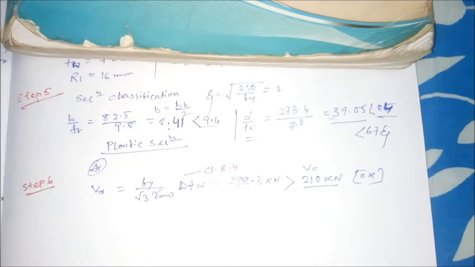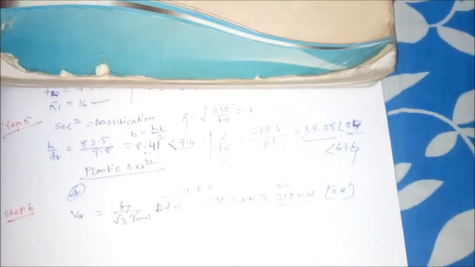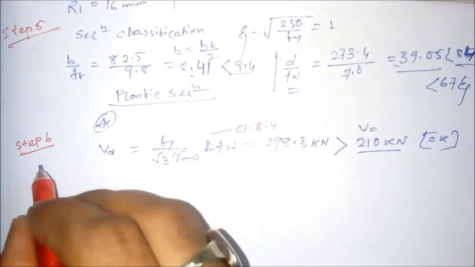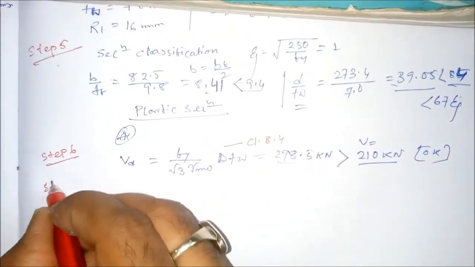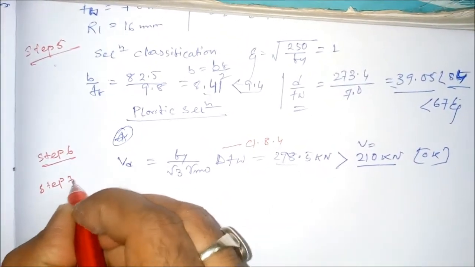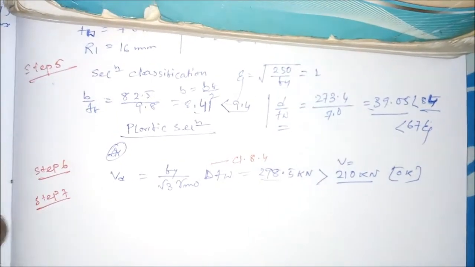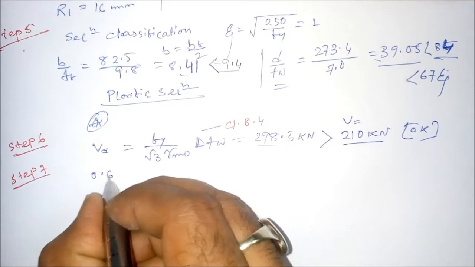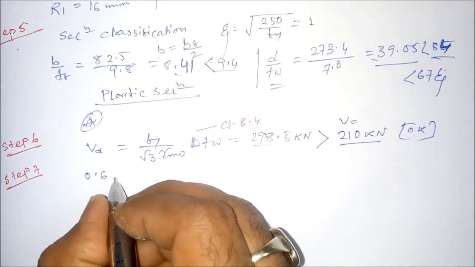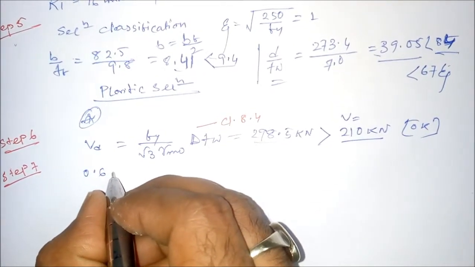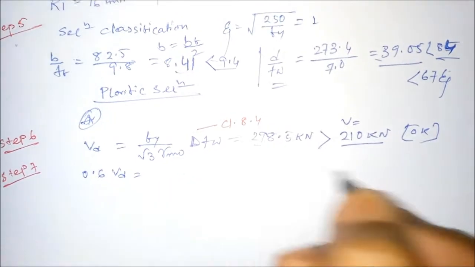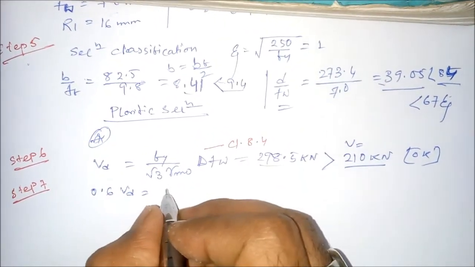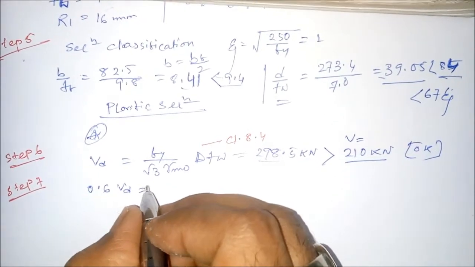Now in step number 7 we have to find out whether this is low shear condition or high shear condition. That means in which way we should design. So to find out that one, we have to find out the 0.6 of VD, which is equals to 60% of VD.